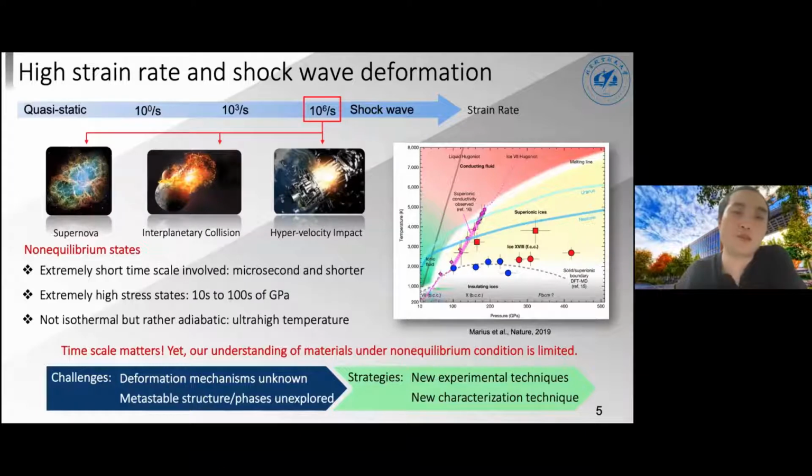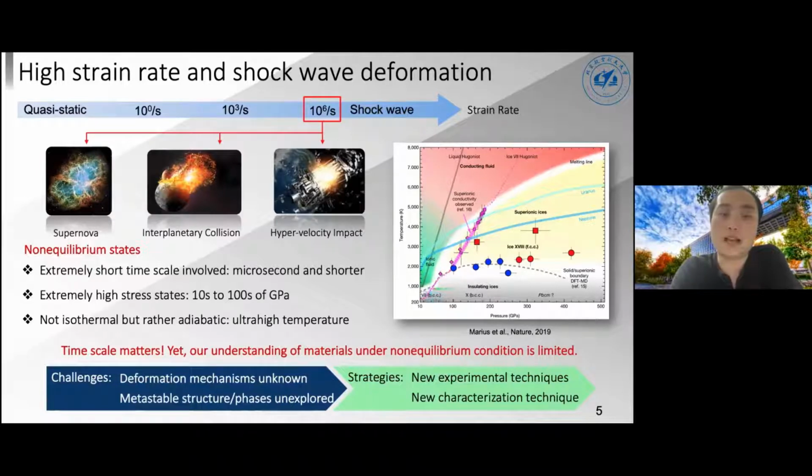So this example shows a Nature paper back in 2019. A group of Livermore scientists discovered a very exotic state of ice called superionic ice when they subjected solid-state ice to extremely high pressure and temperature using a laser.